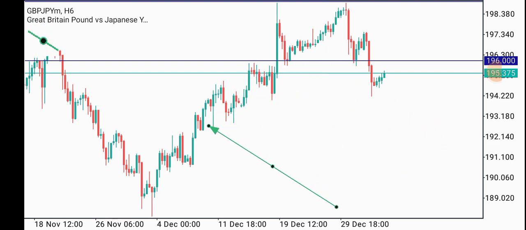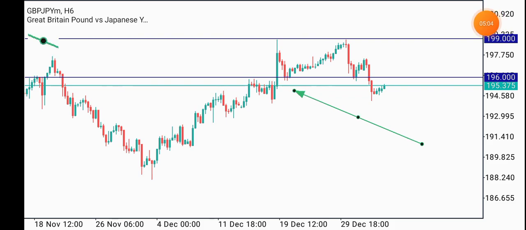What we are observing here is that you are creating a structure to the upside. For us to say the market is still on a bullish run, we expect price to keep taking the recent structural high. This was the last structural high that was created, then a pullback, and we expect price to close above this structural high, but here we have a failure to create a new structural high.